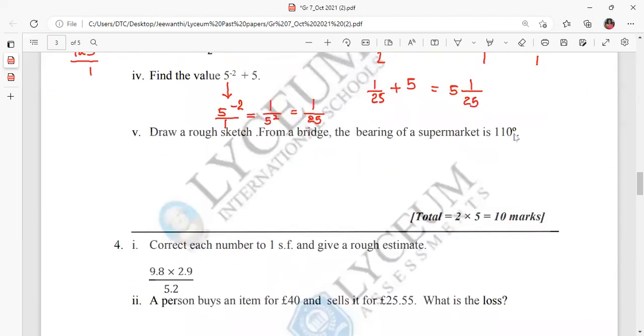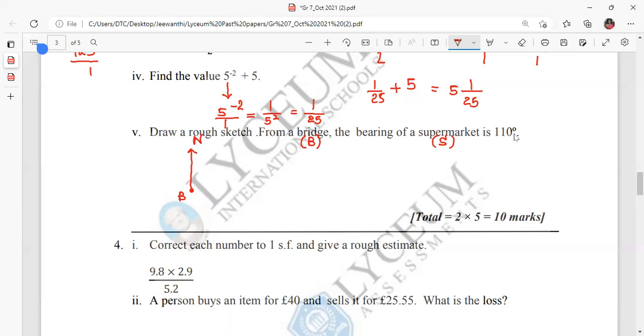Draw a rough sketch. The bearing of a supermarket from a bridge. When you hear the words from a bridge, you want to have the bridge here. So that is B. If you use a letter, you definitely want to introduce that letter. Here the supermarket is S, let's say. From the bridge, the north direction should be shown.